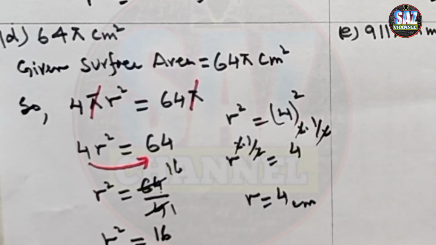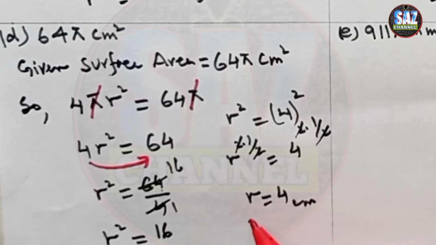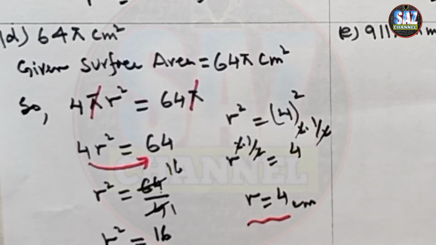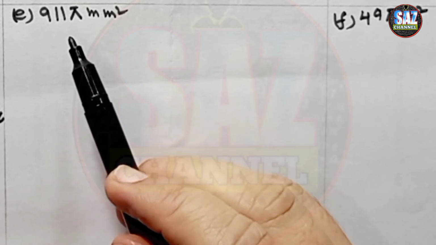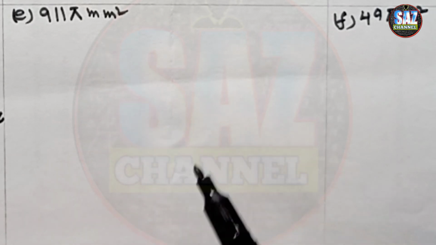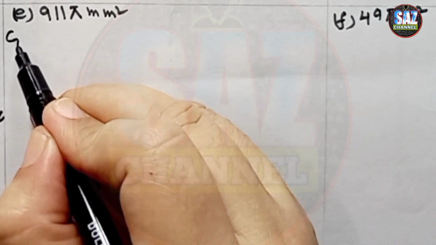I hope really easy questions. If the formula and the basic algebraic calculations are clear, then the exercise will not be difficult for you. In the next part, the given surface area is 911 pi mm square. Okay, let's go for the solution of this question.